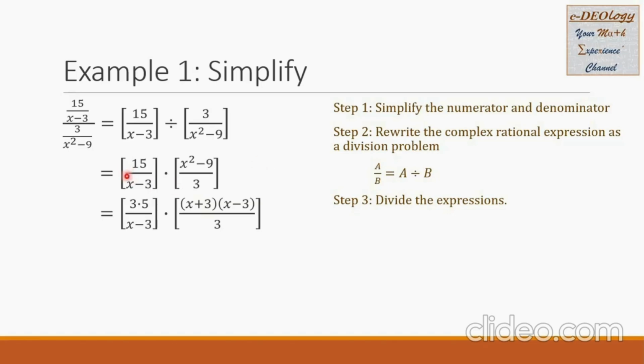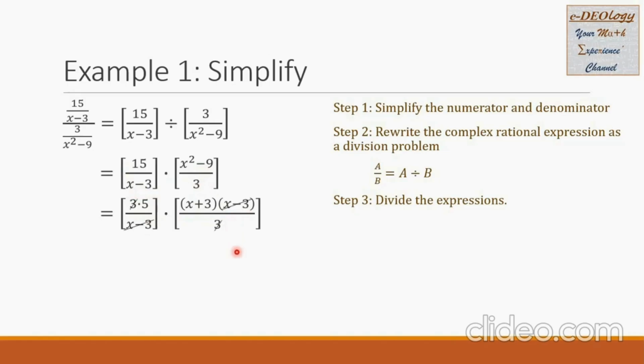The number 15 becomes 3 times 5. The x minus 3 is simplified already, so we'll just copy that. The x squared minus 9 can be factored into x plus 3 times x minus 3. All over, that number 3 is copied down here.